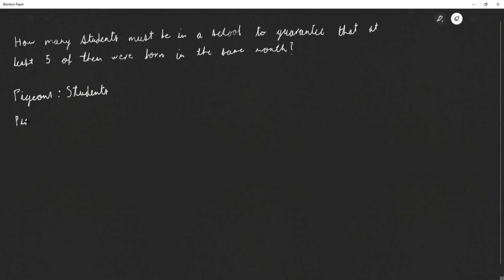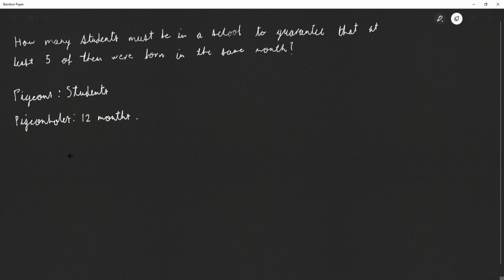And then the pigeonholes are going to be the 12 months of the year. And then we want to force at least 1 month to have 5 students.